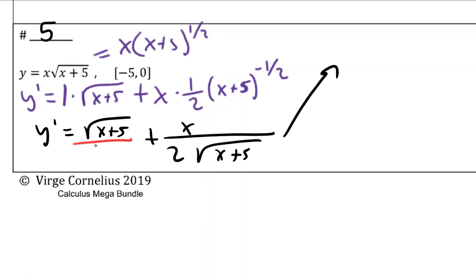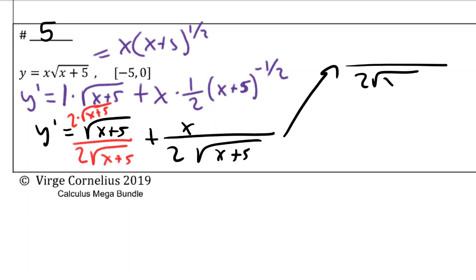So on this left one, I'm going to multiply the top and the bottom by 2 square root of x plus 5. This forces these to have the same denominator. So I did that in red. So now that they have a common denominator, I can push those together into one big fraction.